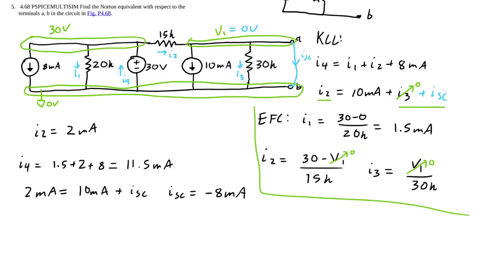And now we have I Norton, let's say, or IN here. Now we're going to do the equivalent resistance. So to do that, we're going to open circuit the current sources, and we're going to short circuit the voltage sources.